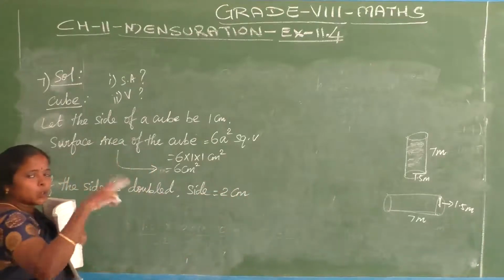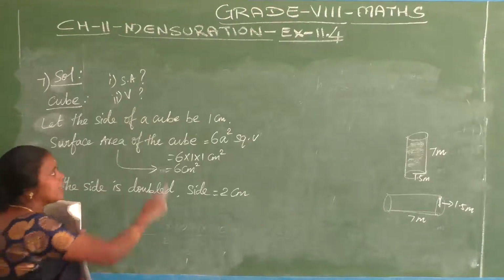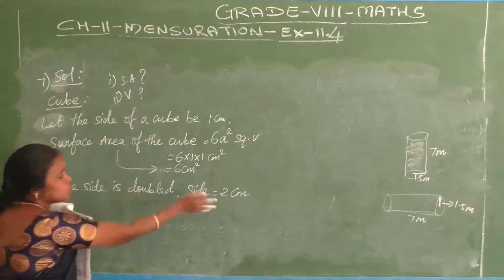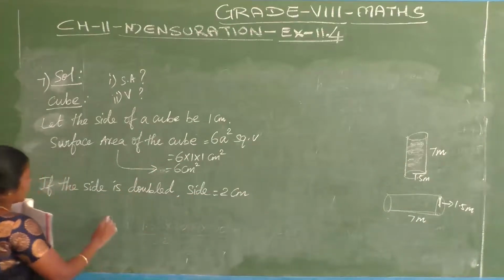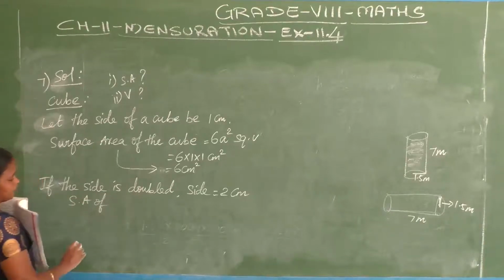Double means 2 2s are 4, 3 doubled, 3 2s are 6, like that. Understood? What comes as the surface area of the cube after doubling the side?